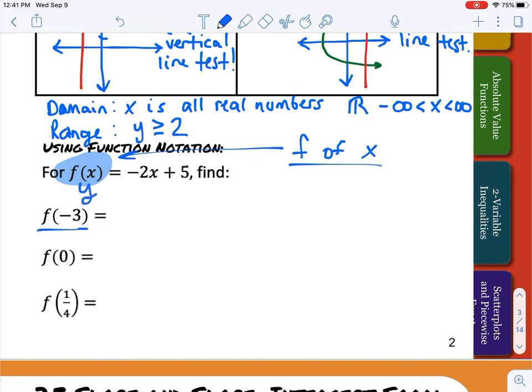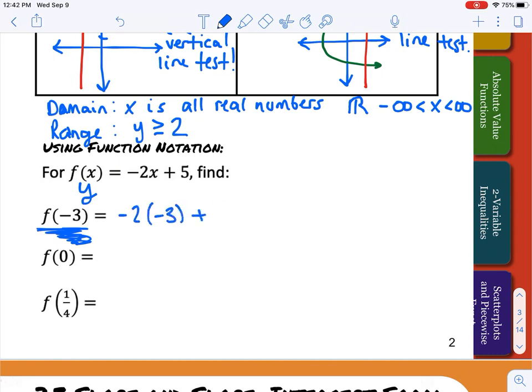But now, if you see something written out like this, instead of saying y equals -2x plus 5, plug in for x equal to -3, they just say it like this. That means the same thing. X is -3. So we plug it in. -2 times -3 plus 5 is 6 plus 5, or 11.